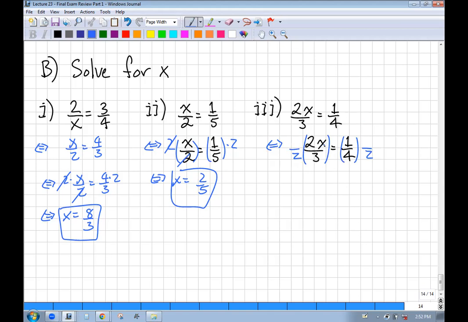This is divided by 3. I'm going to multiply both sides by 3. The 3's cancel, the 2's cancel. The x is 3/8. Same thing we got when we did this in our head. Multiply both sides by 3, divide both sides by 2. I'm multiplying that by 3 and dividing it by 2.